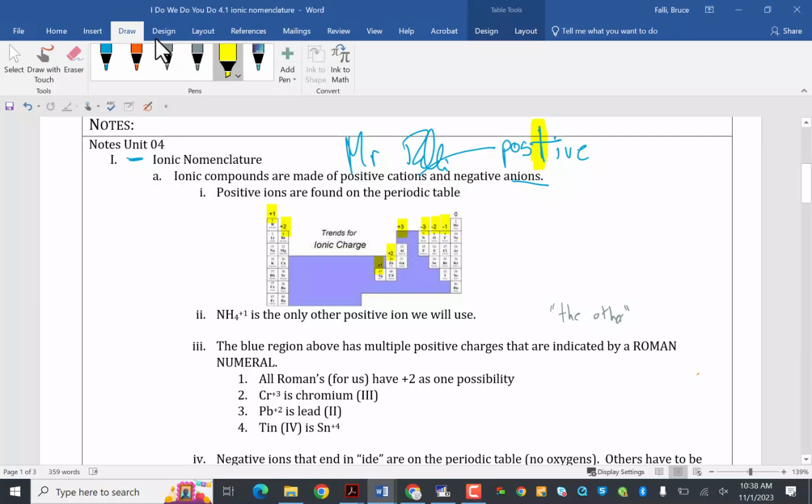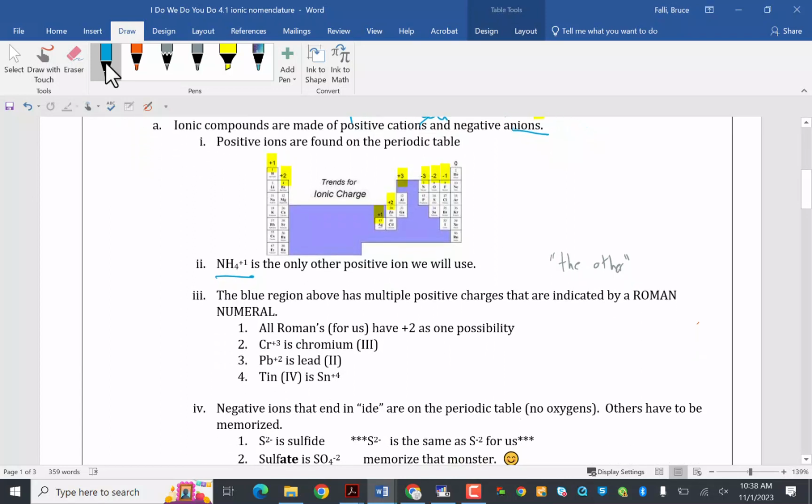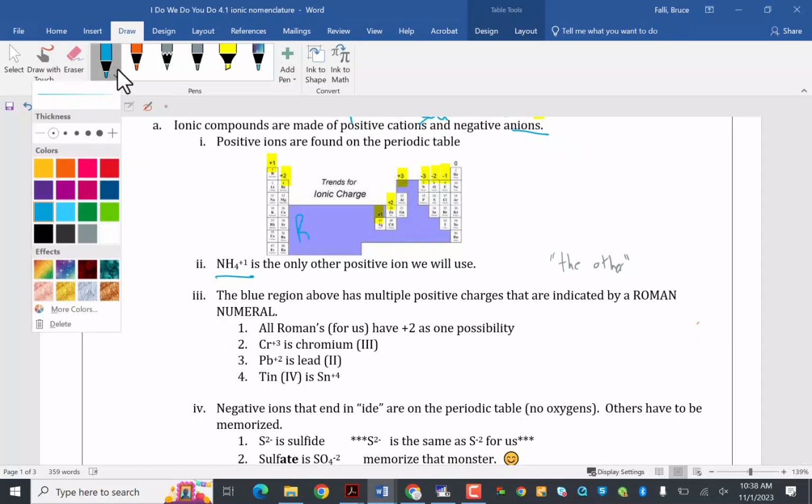There is another positive polyatomic ion, which is NH4 positive. That's the only other positive ion we will use, okay? The blue region above has multiple positive charges that are indicated by a Roman numeral. I'm going to change my color.